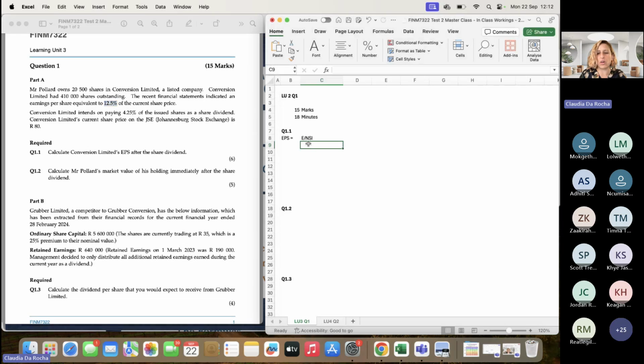So to start off our calculation, we are going to say it is our 410,000 shares times the 80 Rand times the 12.5%. Okay, that is our earnings, right? Because if 12.5% of 80 is our earnings per share, it means if I times that, I get my earnings. Just think about if you had to do this formula, you would say your earnings divided by a number of shares, and that will give you your earnings amount, okay? Now, we're going to work out our number of shares in issue.